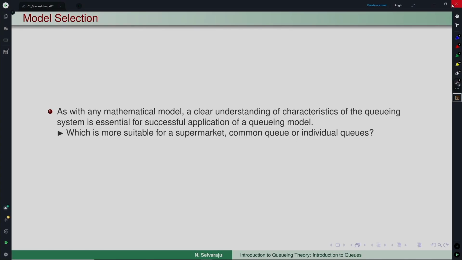Now, the observation is important. For example, if you look at a supermarket, you have multiple counters. Which is the most common model that you can employ there? If you look at whether it is a common queue or individual queues, by the look of it, there is one queue for each of these checkout counters.